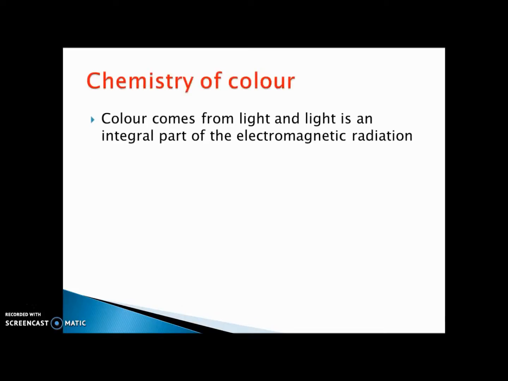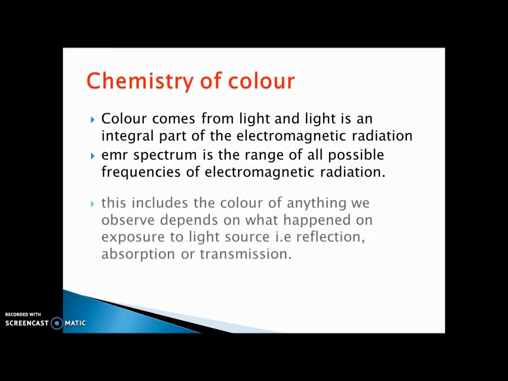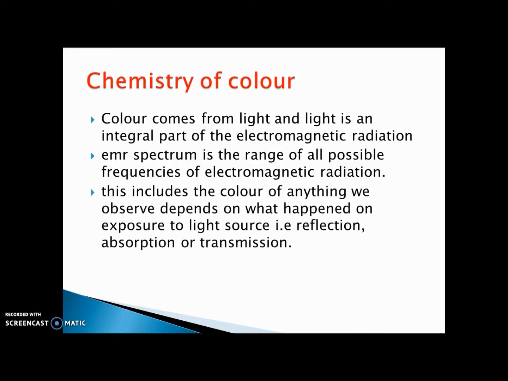Now let's look at the chemistry of color. Color comes from light. Color originates from light, and light is an integral part of the electromagnetic radiation. This electromagnetic radiation has a spectrum combining the range of all possible frequencies of electromagnetic radiation. Here, we must know that it includes several colors.